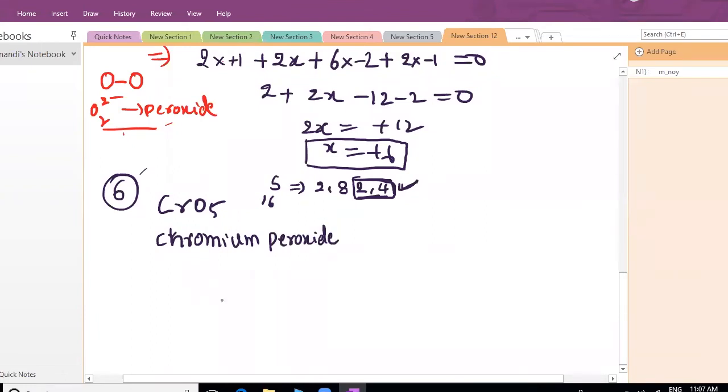Structure of chromium peroxide I am giving. Please try to solve. And this structure we call butterfly structure because it looks like a butterfly, that's why. Please find chromium oxidation state. How many peroxy bonds are there? Here, wherever oxygen-oxygen bond is there, that is peroxy bond.